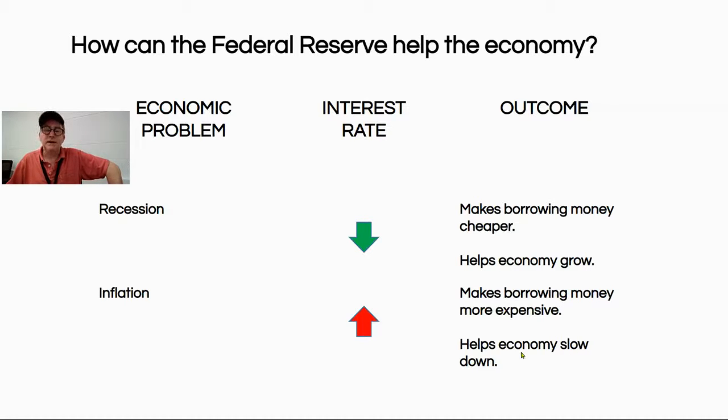I will not start a new hamburger restaurant. I will not start a coffee shop. I will not quit my job as a teacher to start a landscaping business because it is expensive to borrow money, and this will slow the economy and reduce inflation.